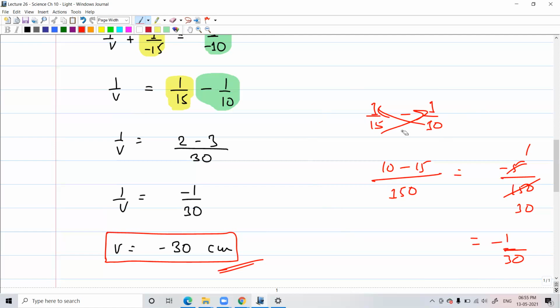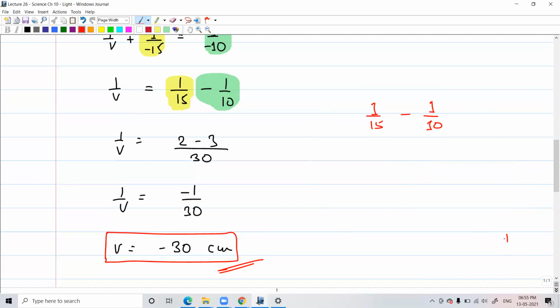But these numbers are bigger. To avoid that, if you have numbers like this which have something in common, what do you normally do? You find the LCM of these two, no? Have you never done this? Yes, sir. LCM of the two? What is the LCM of 15 and 10? 30 only, sir. So LCM of 15 and 10 will be 30, of course. Nowadays again I'm seeing that they teach you like baby steps, like 1 by 15 and 1 by 10.